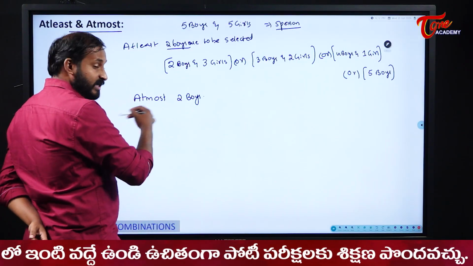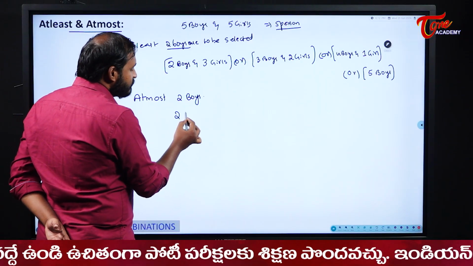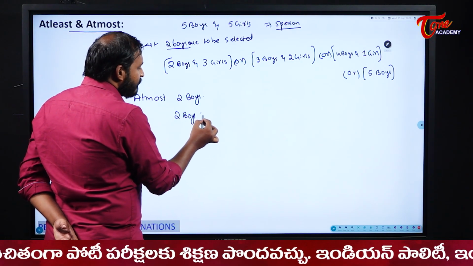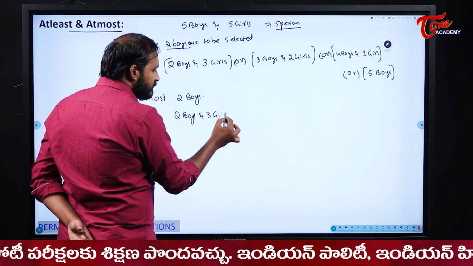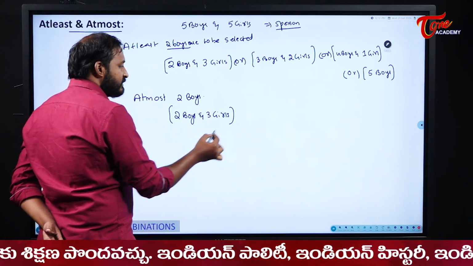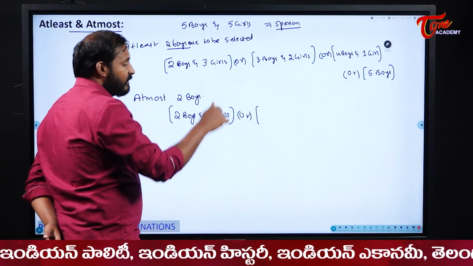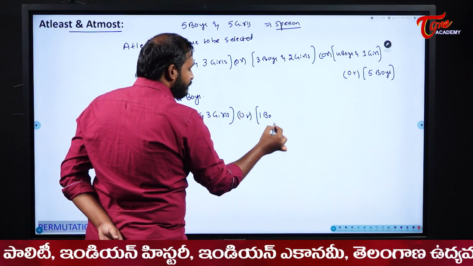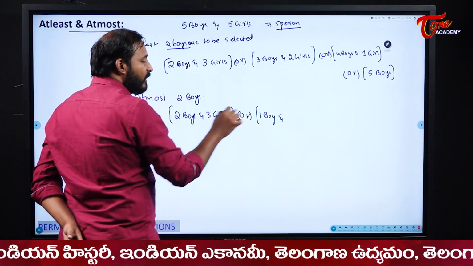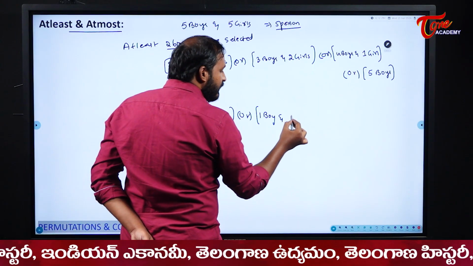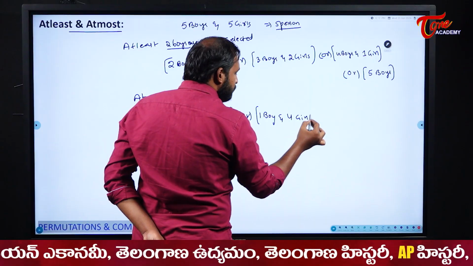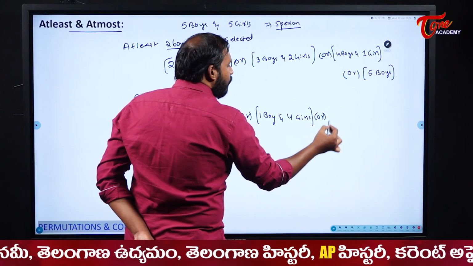Maximum is 2 boys, so it becomes 2 boys and 3 girls. Or at most maximum is 2, so descending order: 1 boy, and if out of 5, 1 person is a boy, the remaining 4 are girls. Or no boy at all.